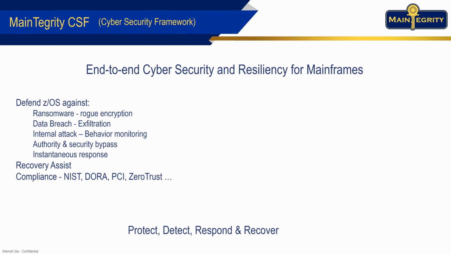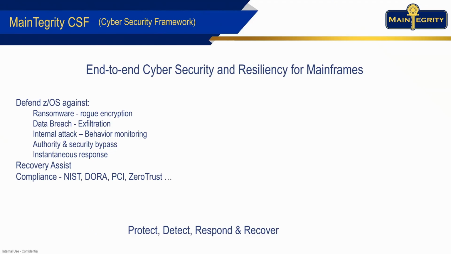There's also internal attacks, where we do behavior monitoring to identify potential threats before they occur. And then, of course, z/OS authority, the number one threat in the environment, which also allows, if you get supervisory authority key 0, you are able to bypass security and bypass SMF.